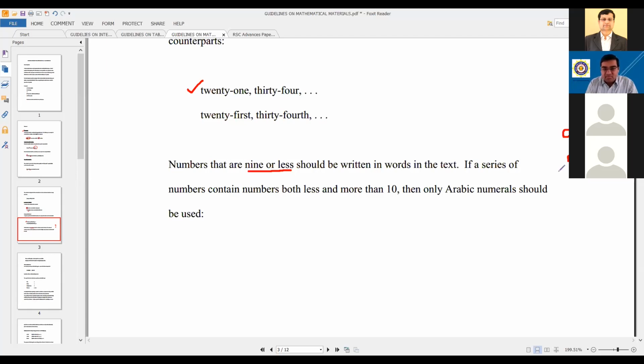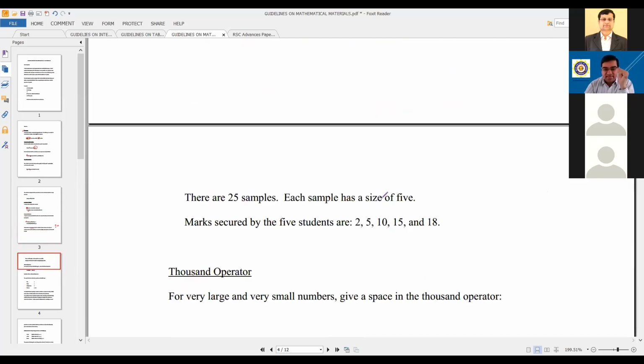If it is more than 9, then use the numeral 10, 15, 20. If a series of numbers contains both less and more than 10, then you can represent like 2, 5, 10, 15, 18.